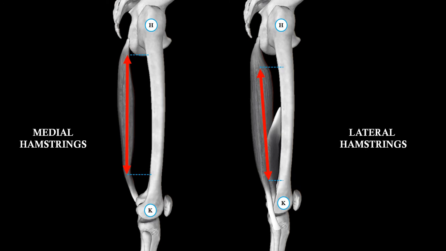And there's not a huge difference in moment arm length, but because the moment arm length is shorter in the lateral hamstrings, that compensates for the relatively small distance in the moment arm length between the hip and the knee of the medial hamstrings. So it's not just a case of the moment arm length being longer in the medial hamstrings at the knee, which it is, but not by a huge amount, but also the lateral hamstring moment arm length is significantly shorter, therefore the medial hamstrings see a greater amount of recruitment.